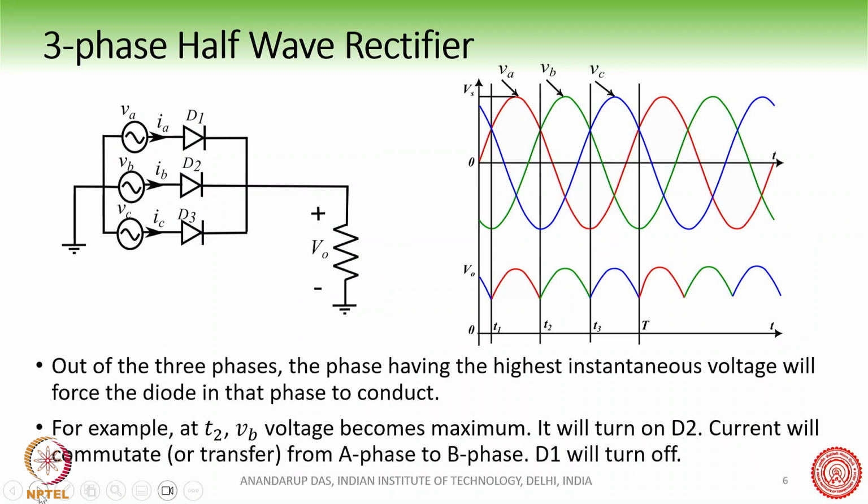Since this is a three-phase sinusoidal grid, the phase having the highest instantaneous voltage will force the diode in that phase to conduct.